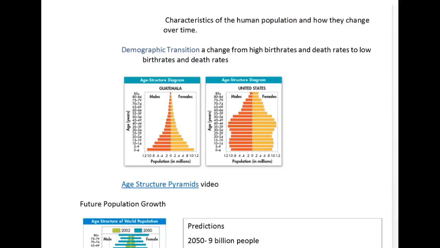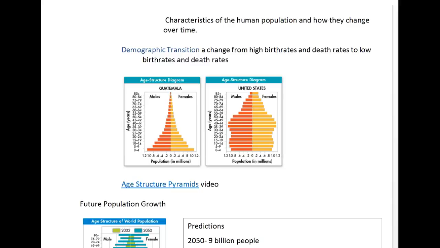They look for countries to undergo something called demographic transition. And you might also hear me refer to this as industrialization. And what that means is that the country is going to go through a change where they go from having low technologies to advanced technologies, and education and the economy improves.